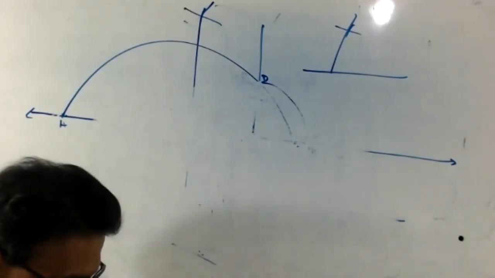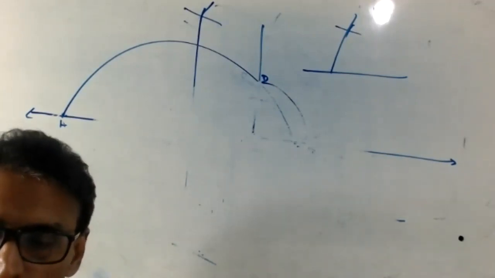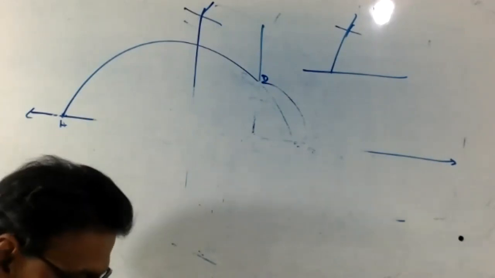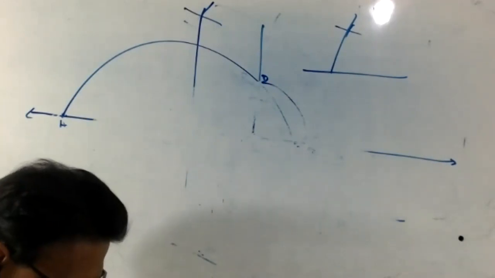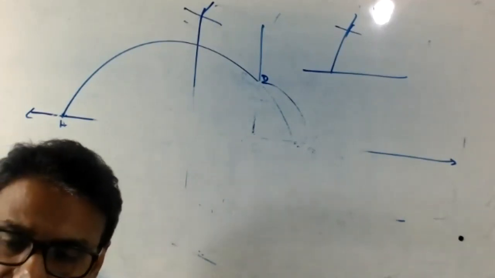Once again, two irrational numbers. Listen, two irrational numbers. Their difference is a rational number.